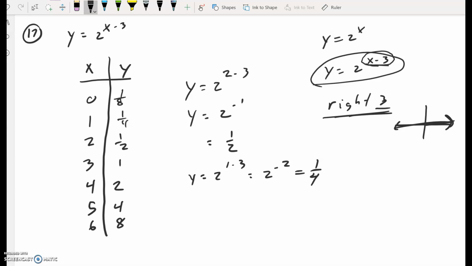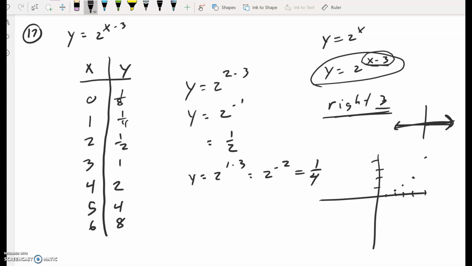And so when we're asked to sketch the graph, when we put in 3 for x, we get 1. When we put in 4 for x, we get 2. When we put in 5 for x, we get 4. I'm not going to do 8 on this sketch. When we put in 2, we get 1/2.